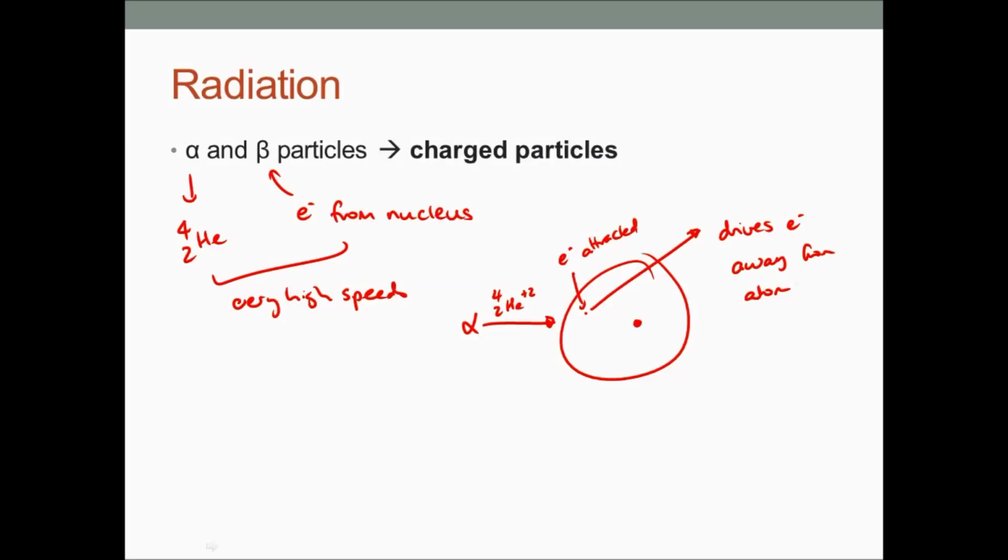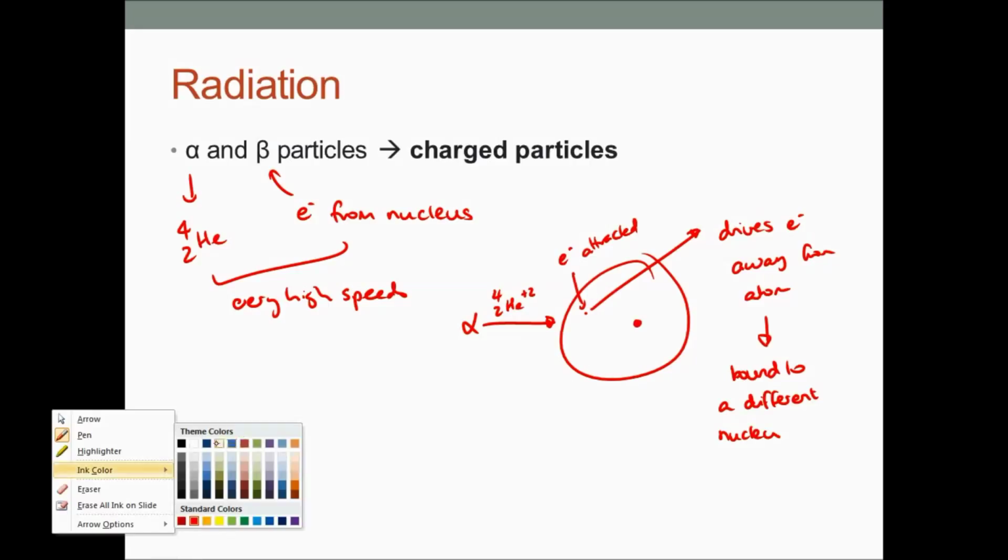But here's the catch. Yes, the electron is dragged towards the alpha particle, but the alpha particle is moving so fast this electron can't catch up. So this electron is then bound to a different nucleus.